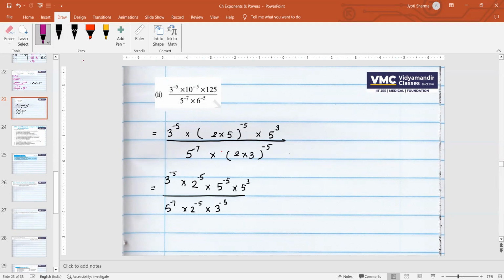The law which I have applied here is that they are dividing each other. I'll see where I'm getting the positive one. So downside and upside 3 is the same, so I'll send it here, multiplied by 5.